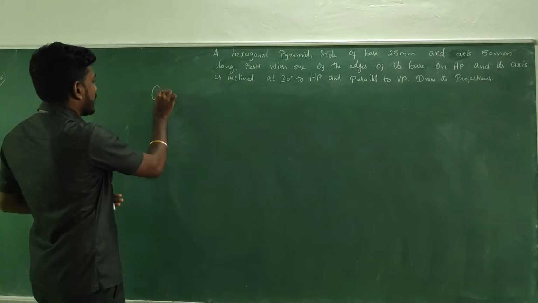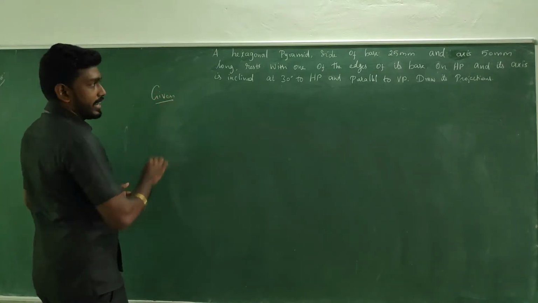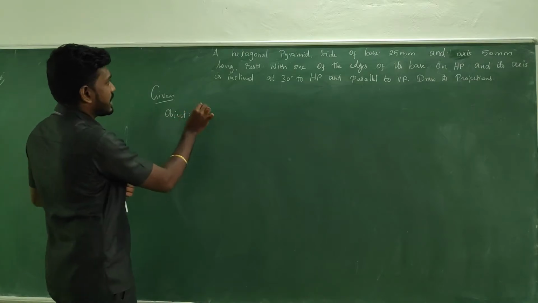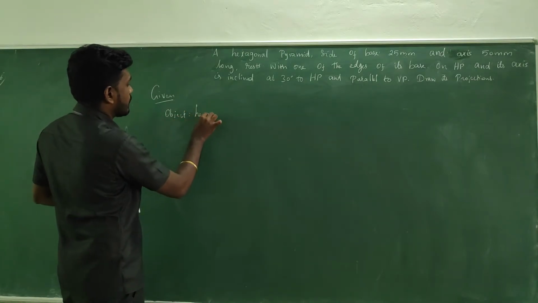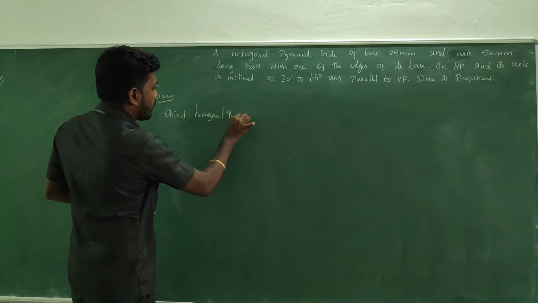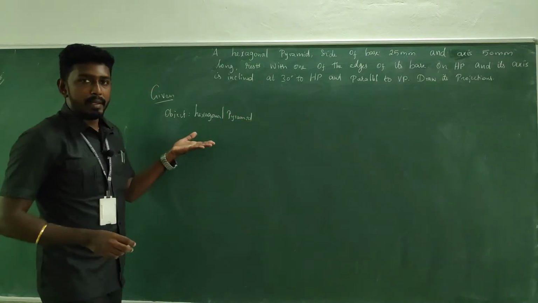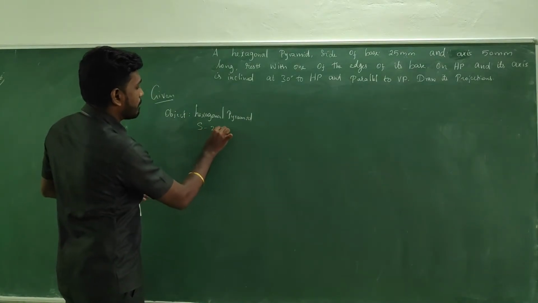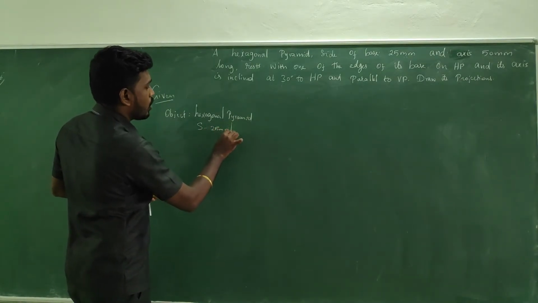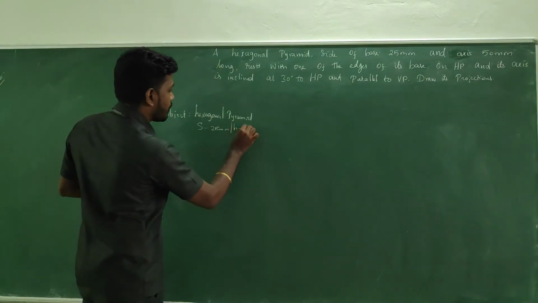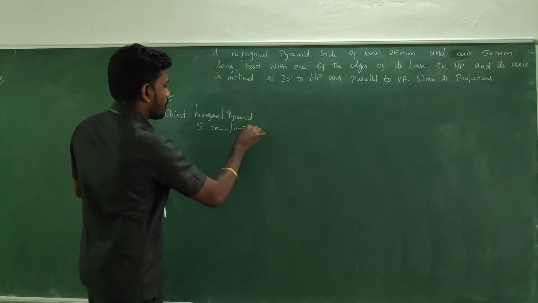Okay, take the given data. What is the object given? The object given is a hexagonal pyramid. What about the base side and height? The base side given is 25 mm, and the axis height is 50 mm.